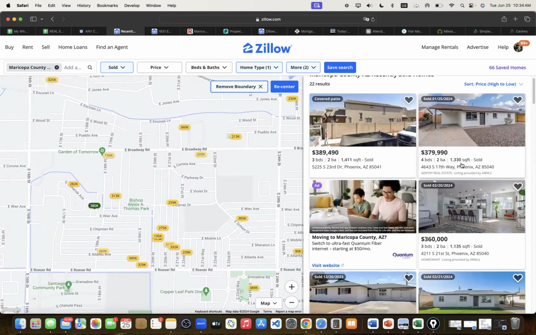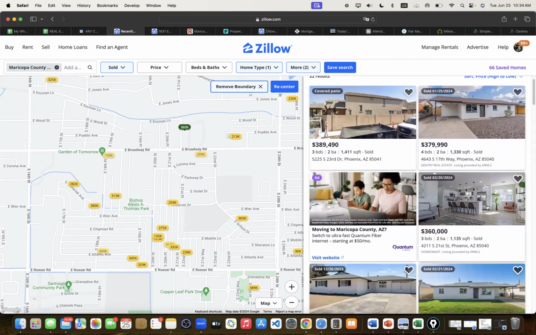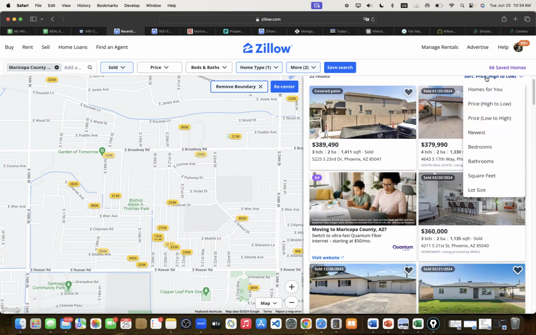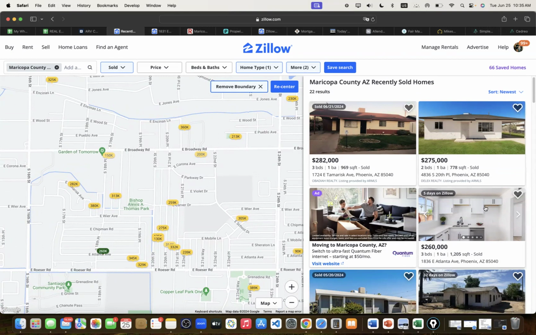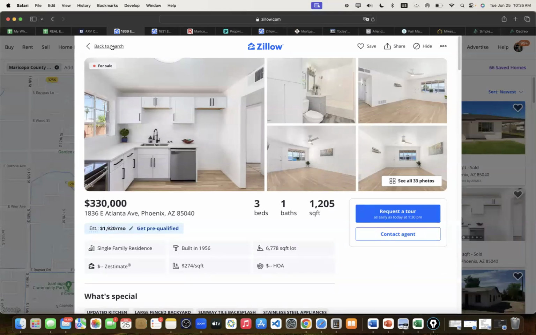This sold in January. Okay, that's two. This sold in March. Actually, let's go to the newest one. June, 275, 778. That's pushing it too much. There goes our property right over here, that 260. Now it's reselling for 330.